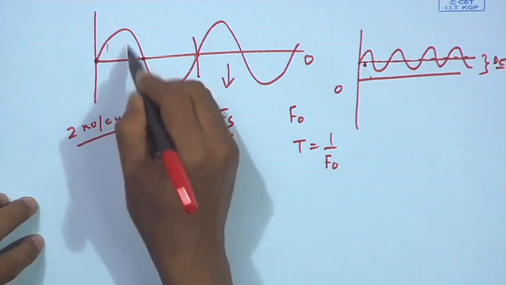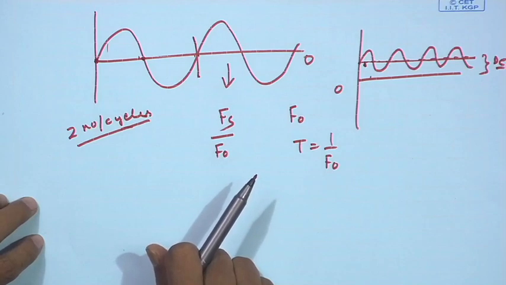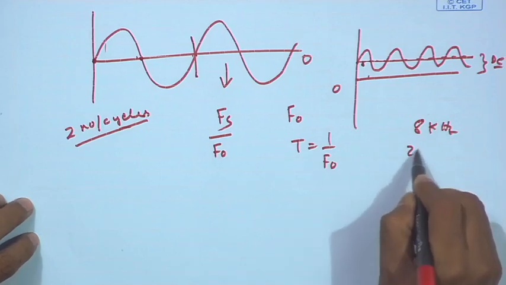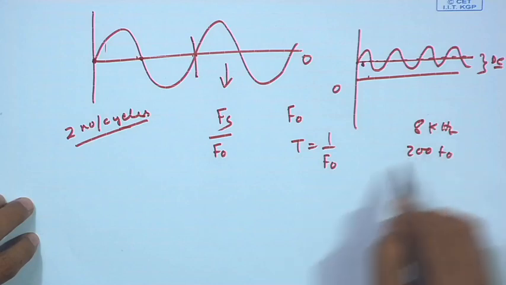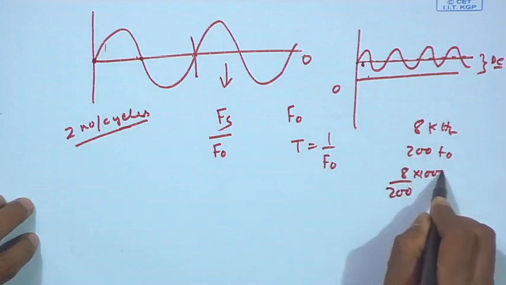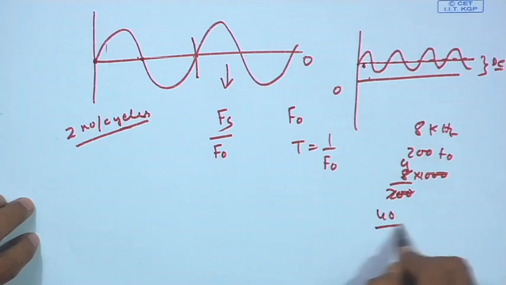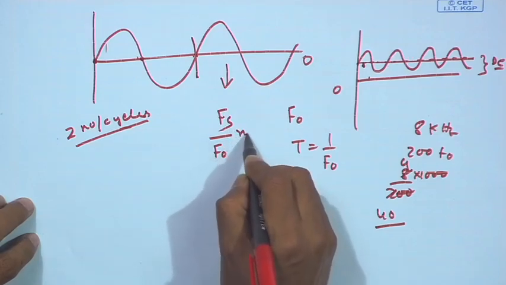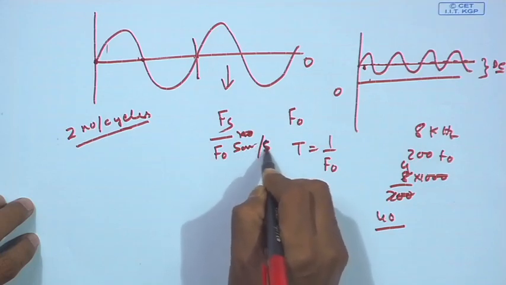So, if it is an 8 kilohertz sampling frequency and I have a 200 hertz F0, how many samples will be there in one cycle? 8K divided by 200 hertz, so 40 samples per cycle.